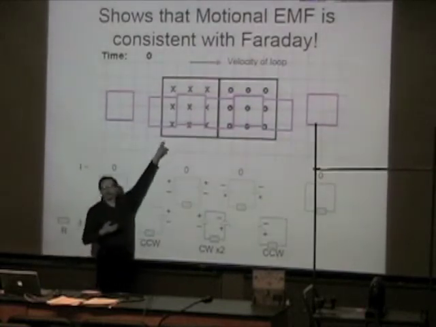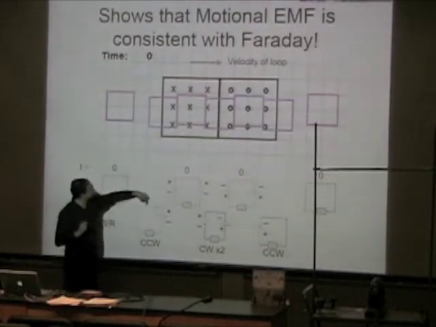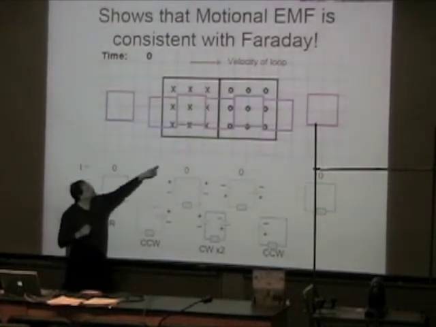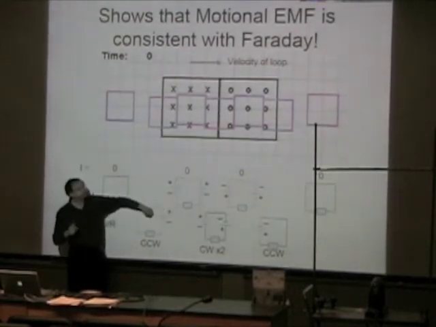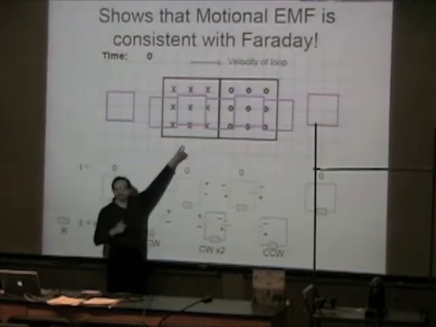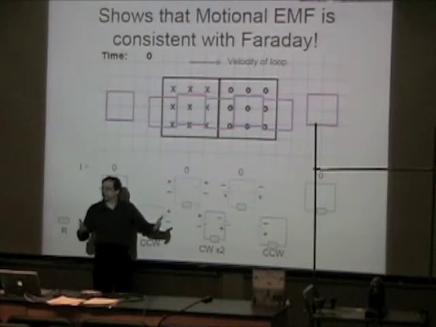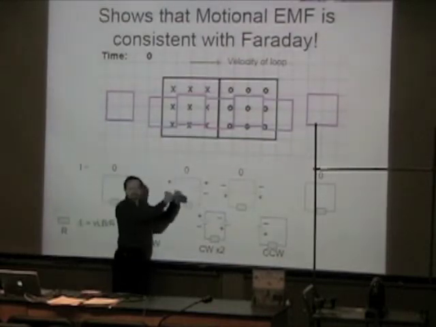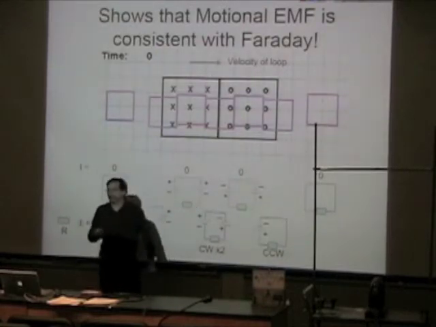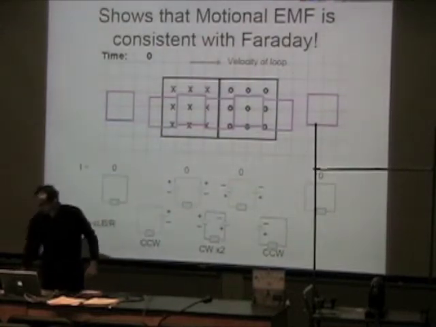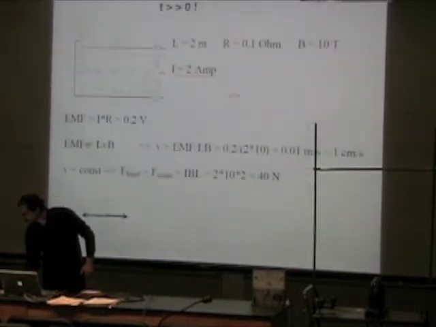When the loop is partially inside, we can think of this side as a battery, and we observe the current. When the loop is completely inside, both sides now act like batteries. So we have two batteries, and they cancel each other out, and so on. Sometimes this approach gives you a faster way to think through a problem.